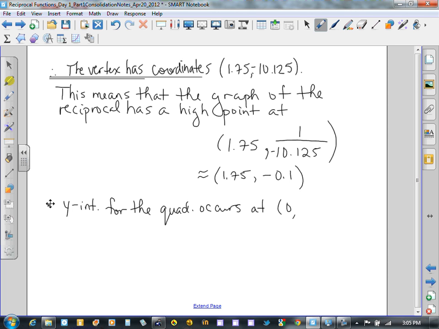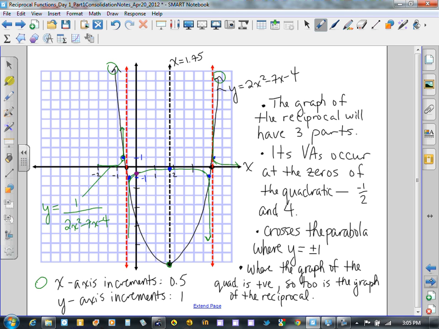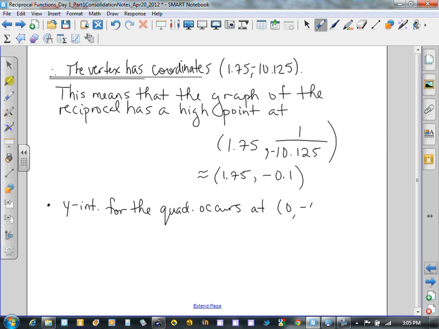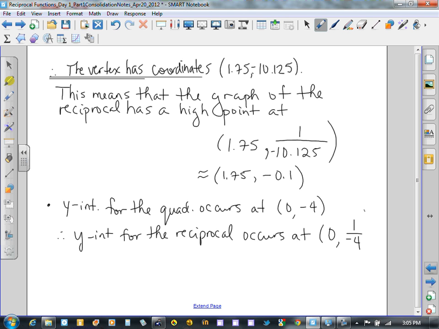Let's double check here. Let's check that graph and make sure that we've got this appropriately. It looks like -4, so we could also calculate that. But it looks to be at 0, minus 4. So therefore, the y-intercept for the reciprocal occurs at 0. And the reciprocal to that is -1/4.